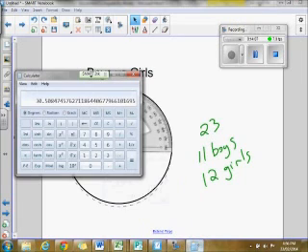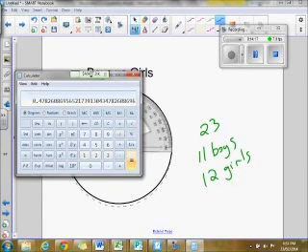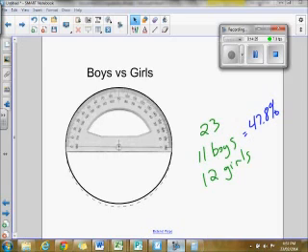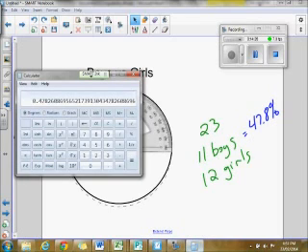Using a calculator, we can go 11 boys divided by 23, the total number, that gives me 47.8%. For the number of girls, taking the calculator again, we have 12 girls divided by 23 in total in the class.